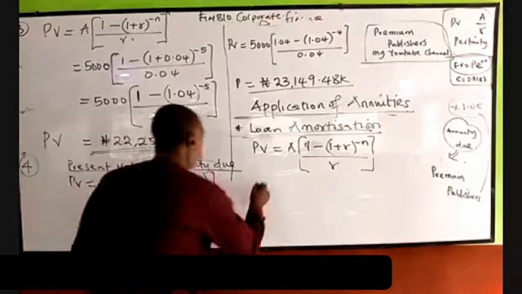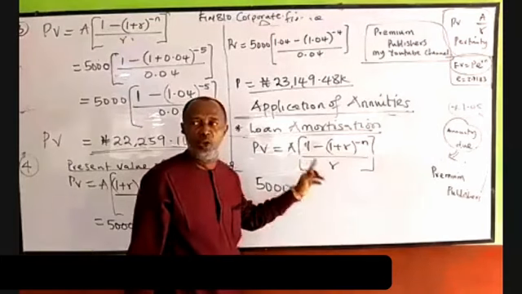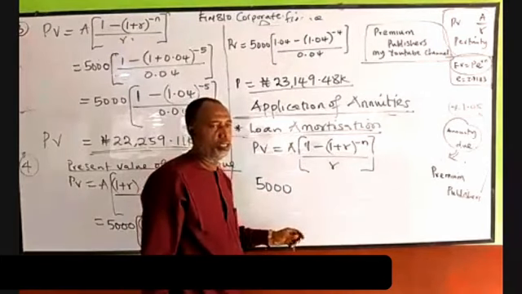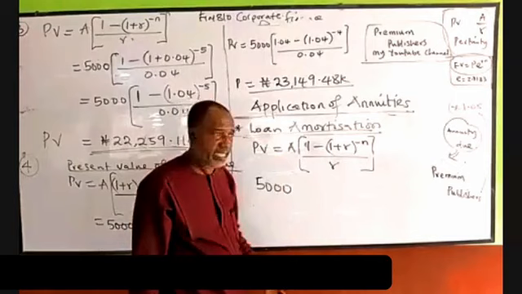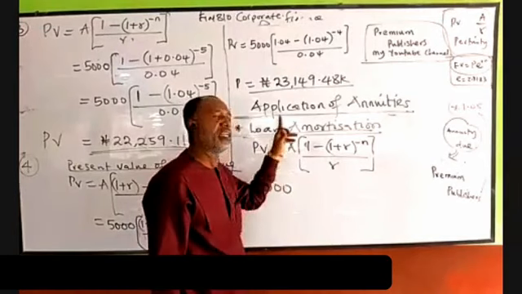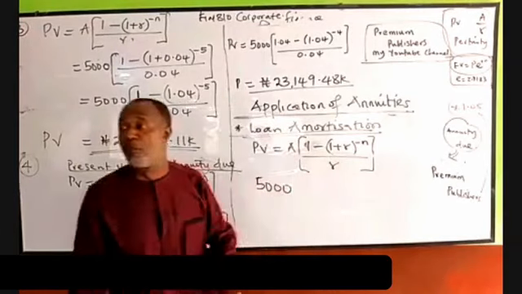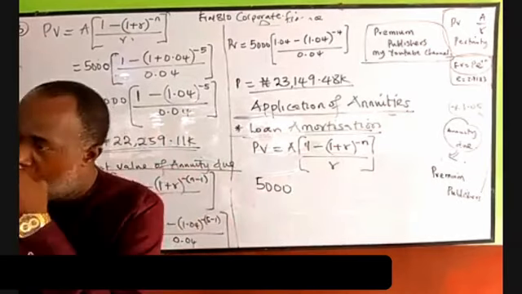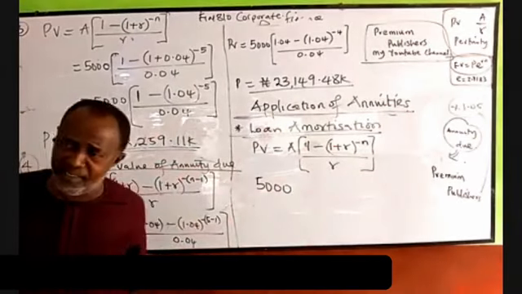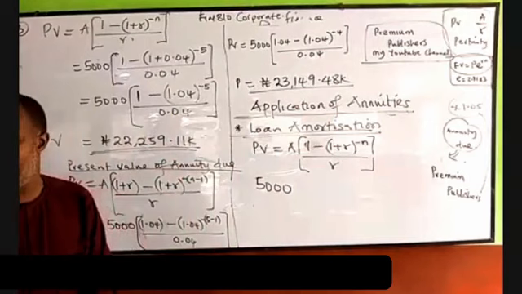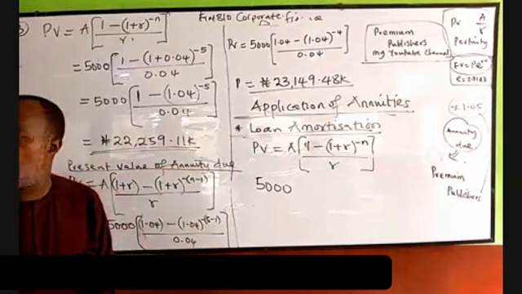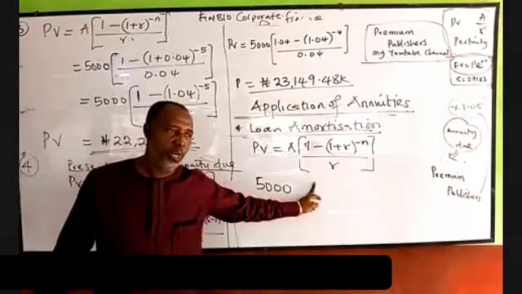Whether it's ordinary annuity or annuity due, we are supposed to use the present value formula to solve loan amortization. You only pay back a loan at the end. Because you pay back a loan at the end, present value of ordinary annuity will be the formula to use. There's no way you pay back a loan at the beginning. So loan amortization will only use this formula.